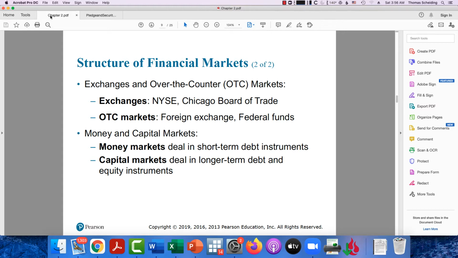And this other one says, my guy is willing to sell his for this, right? And you hope to strike a deal. Over-the-counter markets, you see these with foreign exchange, you see these with federal funds, and over-the-counter markets are more lightly traded. So the prices are less negotiable, and they fluctuate a little bit more.